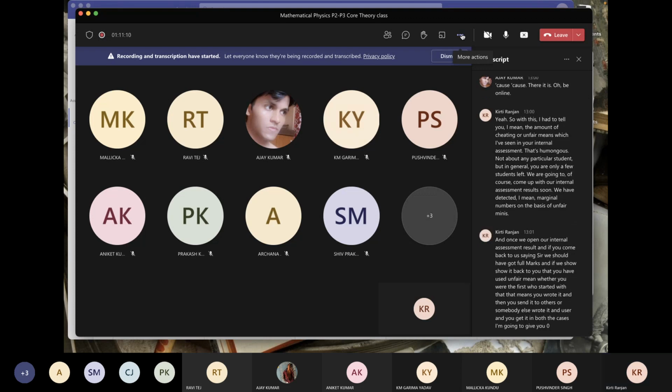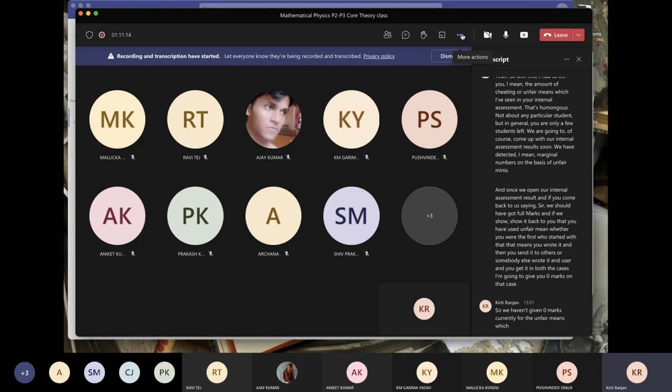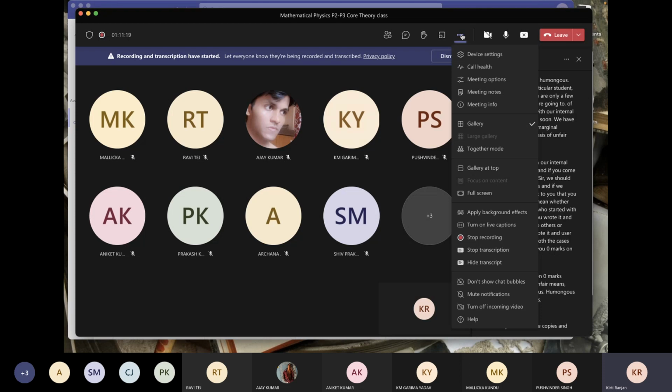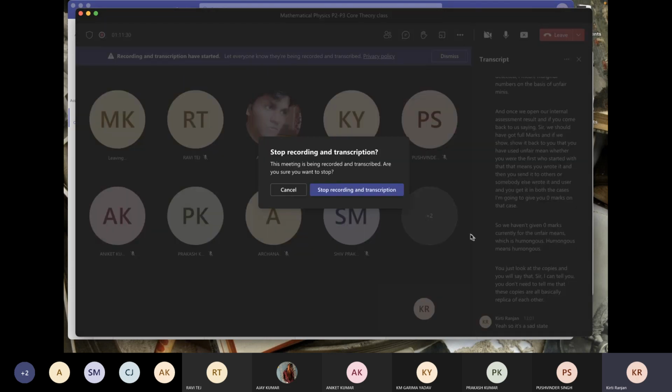We haven't given 0 marks currently for the unfair means, which is humongous. You just look at the copies and you do not need to tell me that these copies are all basically replicas of each other. So it's a sad state, and that's where the problem comes.